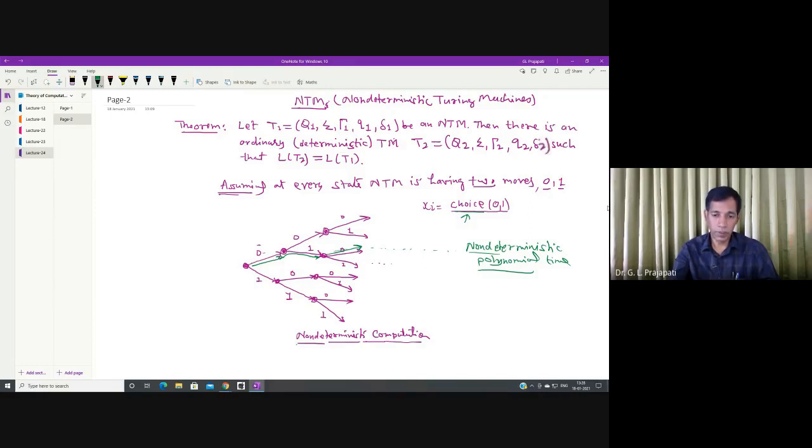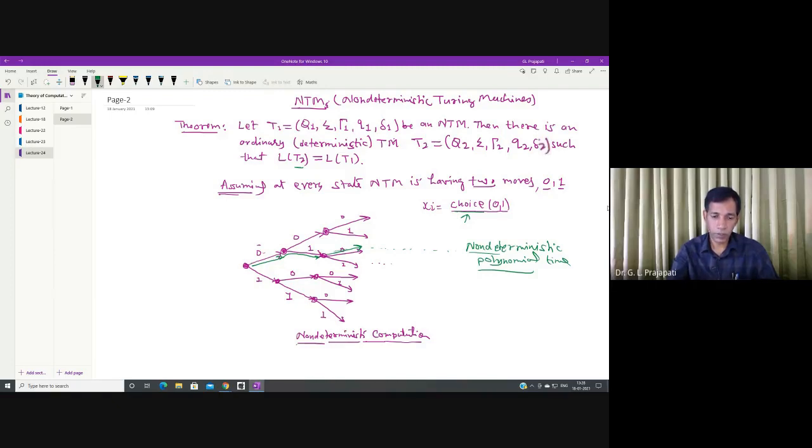However, once you go for the deterministic case, like if you have T2, where T2 is the deterministic Turing machine, to obtain the deterministic Turing machine from this NTM, you need to exercise this choice, and tell how you are going to make it.